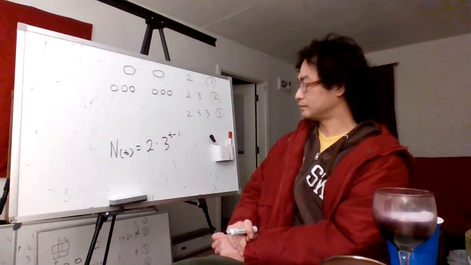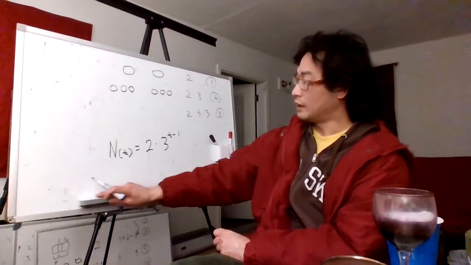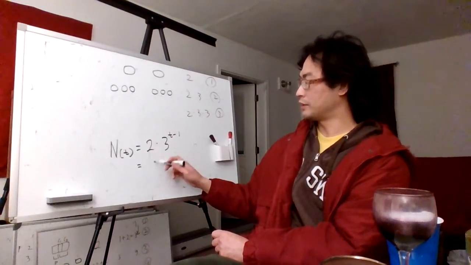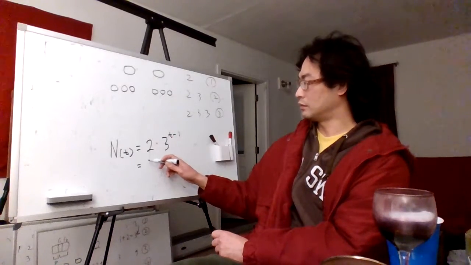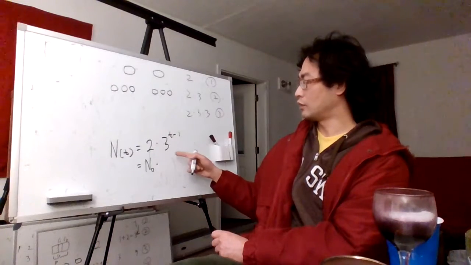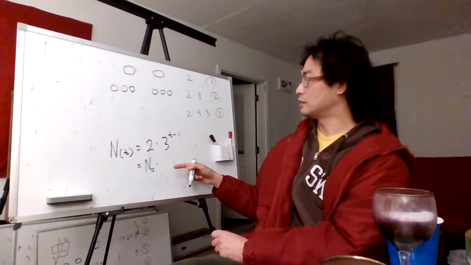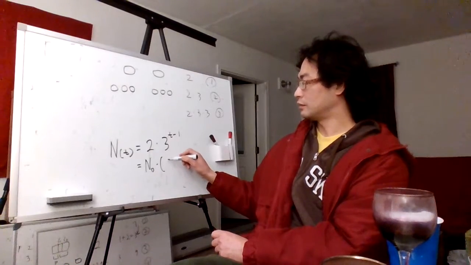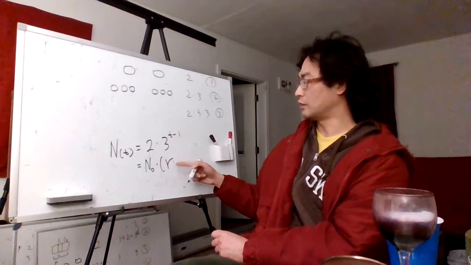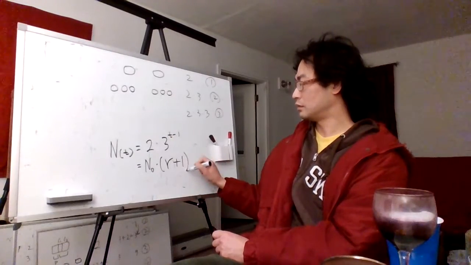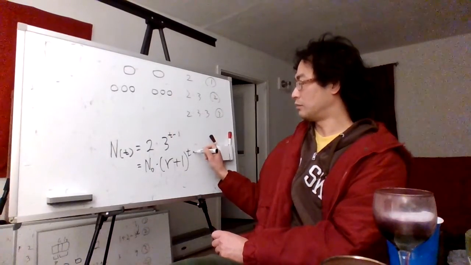So in general, it is equal to the initial population N zero times what is three? That's the number of children plus one, the reproduction factor, to the t minus one.